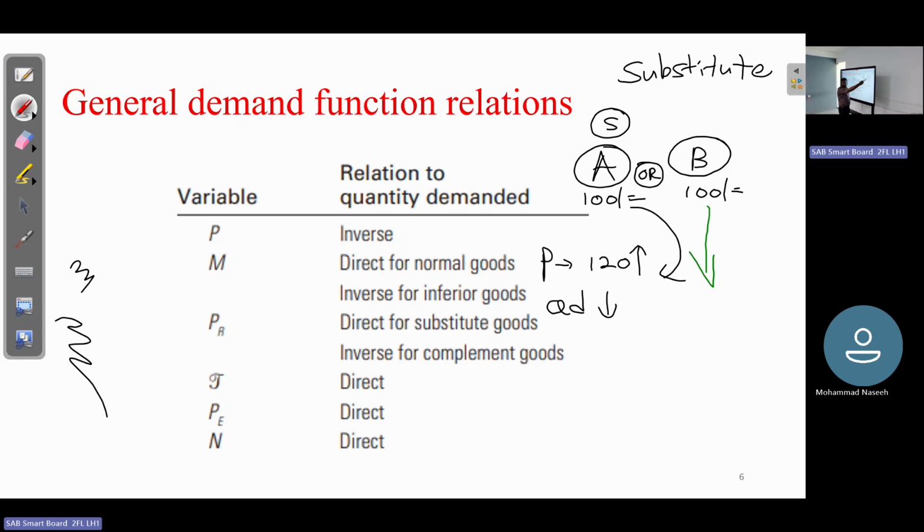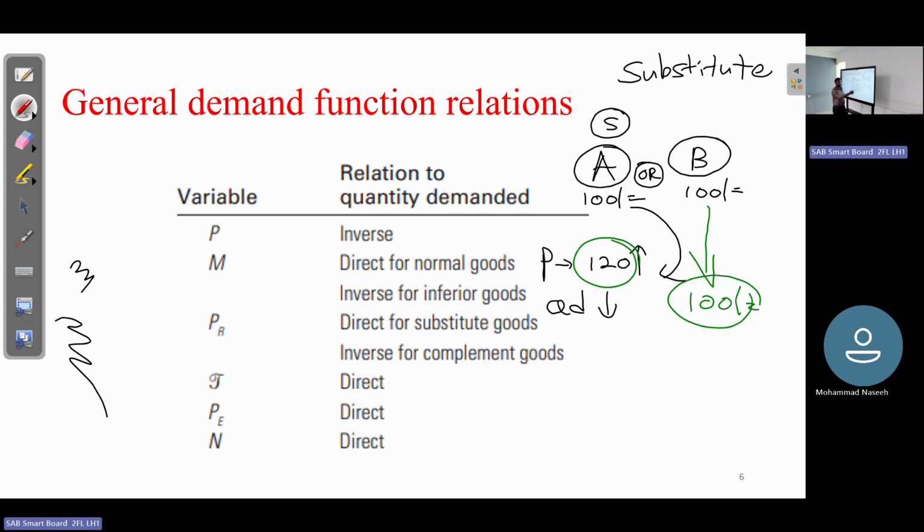So the price of B remains unchanged at 100 rupees. Now compare the two. Which one is cheaper? B is the cheaper product. When B is cheaper, will consumers still purchase A? No, consumers will shift from A to B. As a result, QD decreases.